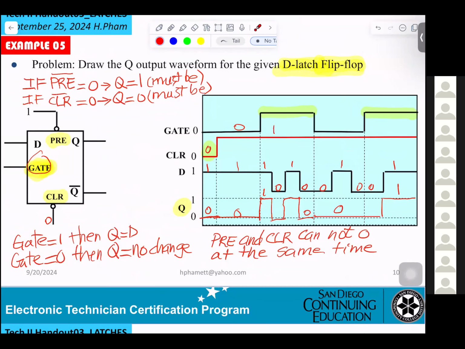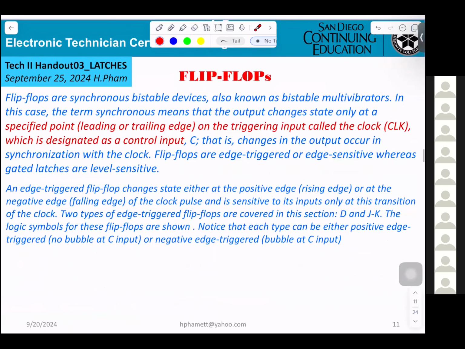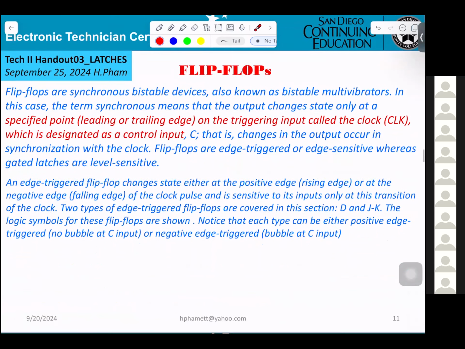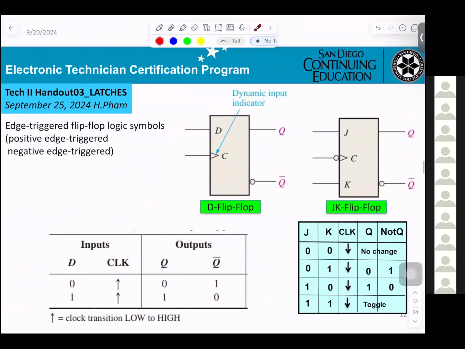And they will be controlled by the clock signal. The clock signal will be positive or negative. Now we see that. At trigger, the flip-flop logic symbol, positive edge trigger or negative.